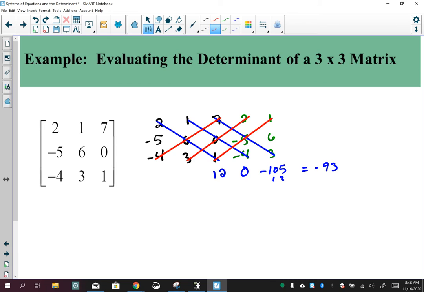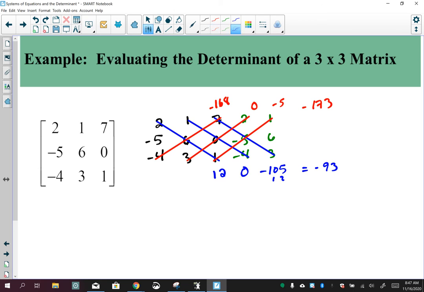And then I'm going to do the same thing coming up this way. I have -4 times 6 times 7. I'll go ahead and put my 0 there for that one, because we already know that one's going to be 0. So then I've got -4 times 6 times 7. That gives me -168. And then 1 times -5 times 1 gives me -5. I'm going to combine these together, and I get -173.